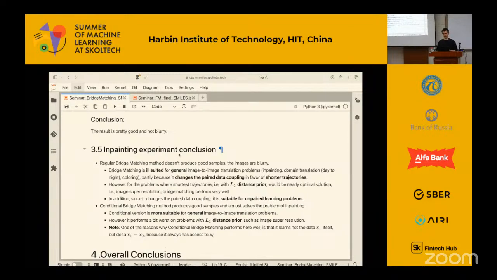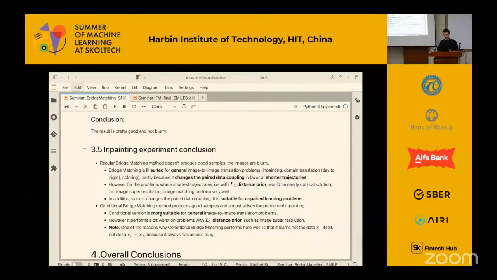Like in denoising, the expectation of your clean data should be very similar to the noised version that you receive. And for such inverse problems, like image super resolution and image denoising, batch matching is better.